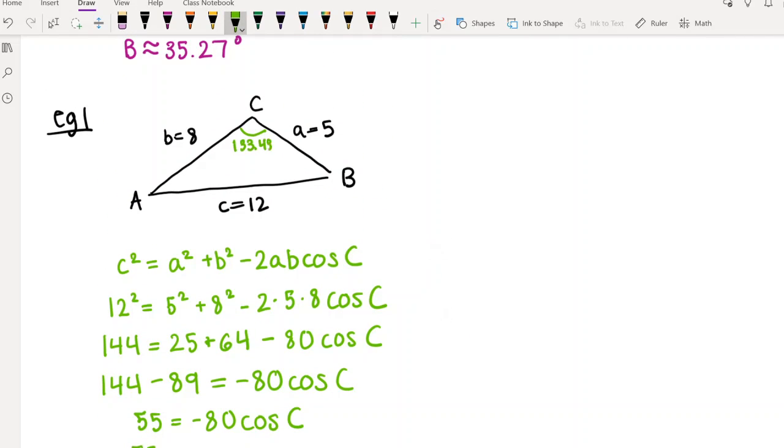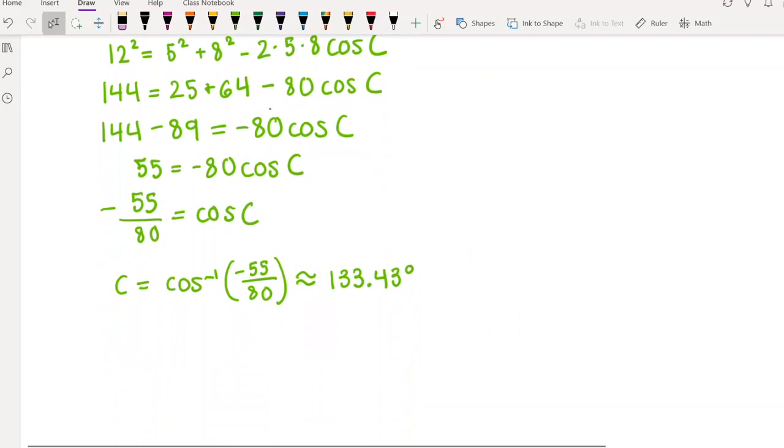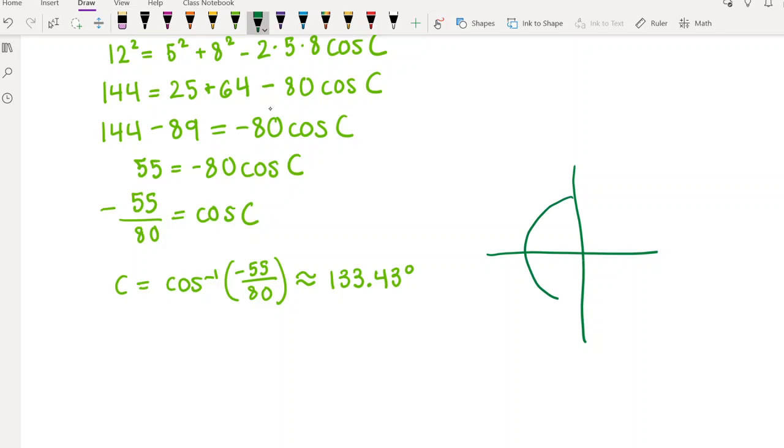Why is it that we can quote unquote trust inverse cosine to always give us the right answer, versus inverse sine sometimes didn't? Well, if you think about it, inverse cosine gives you angles that are between 0 and pi.